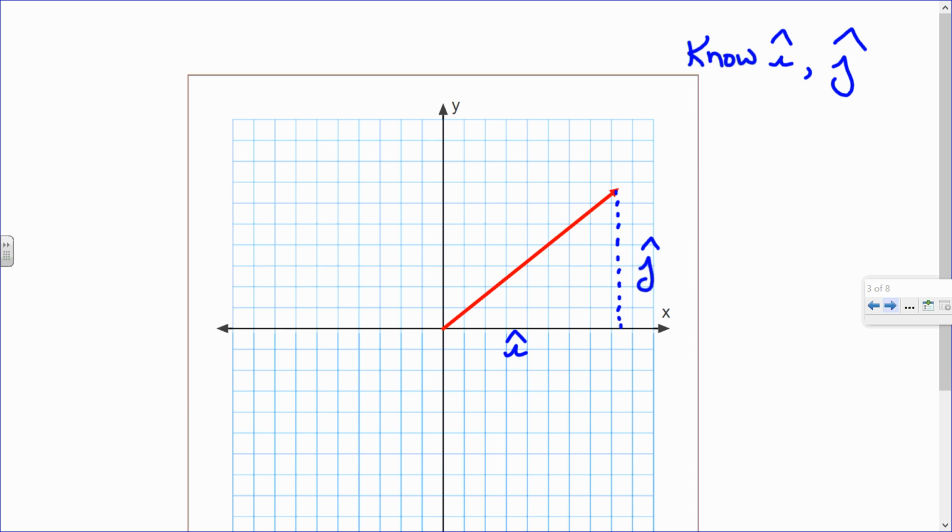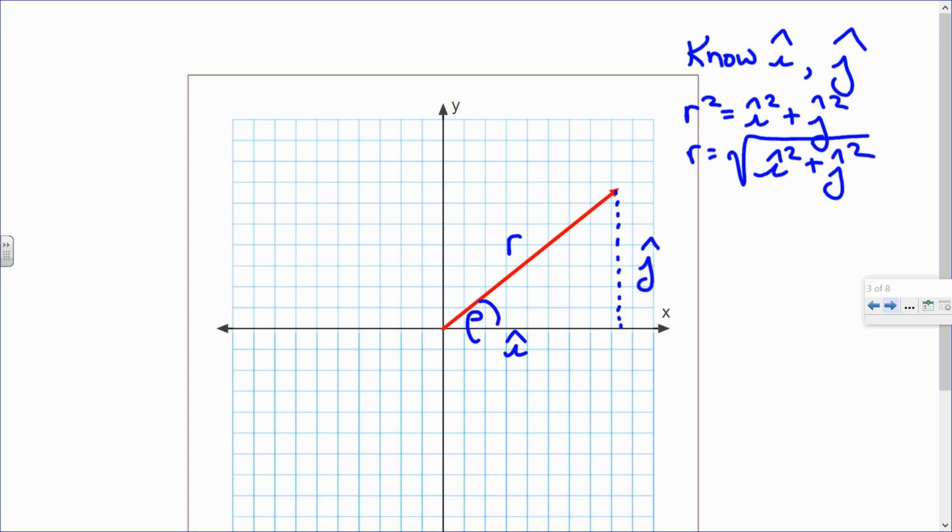So if we know those two numbers, how do we find the hypotenuse? Pythagorean theorem. So if we want to get r for that, we would say that r squared is i hat squared plus j hat squared. So r is the square root of i hat squared plus j hat squared. If we want to get the angle inside the triangle that we use, right triangle trig, for these problems, if i and j are numbers that I know, what trig ratio am I going to use to get my angle?